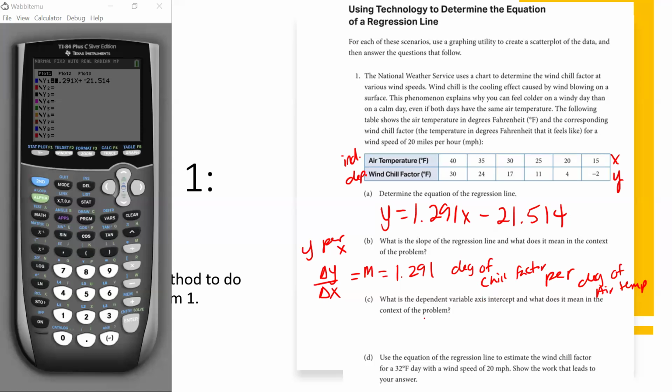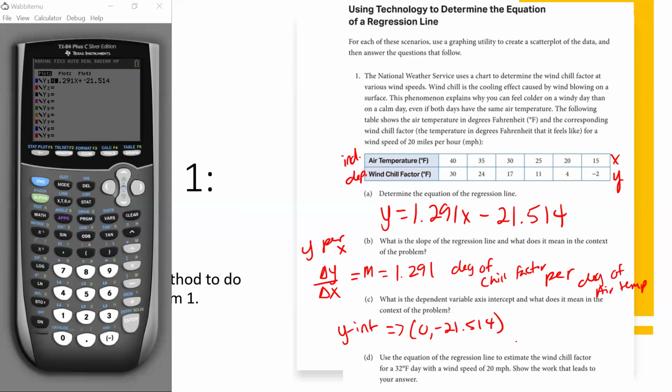Okay. Now it says, what is your dependent variable axis intercept? This is just a fancy way of saying, what is your y-intercept? And what is our y-intercept? It equals negative 21.514. And what does that represent? The wind chill factor when your air temp is what?